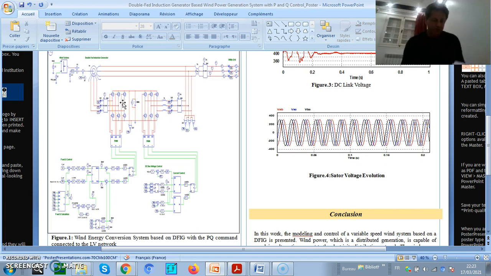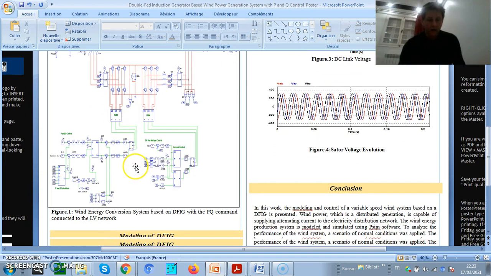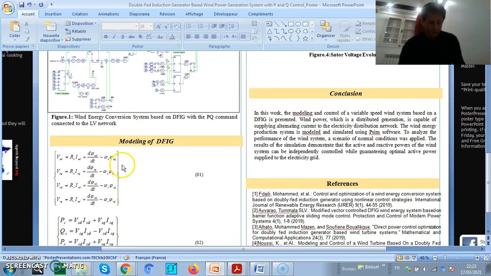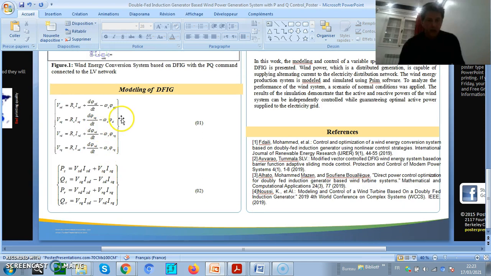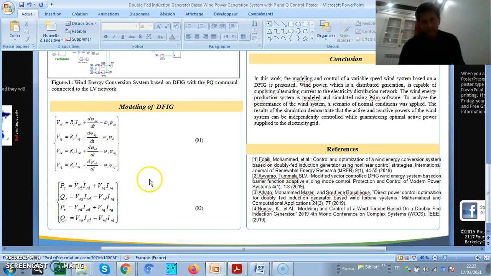The voltage equations of the DFIG are mentioned in equation number 1, whereas the active and reactive stator and rotor powers are given by equation 2.